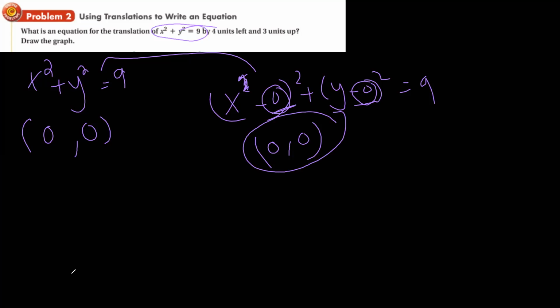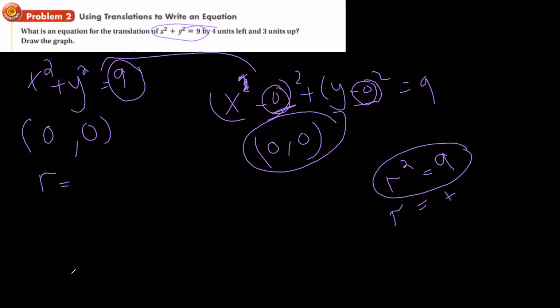So this is now the center of the circle. Now what's the radius? I told you that r squared equals 9. So r could be what? Positive 3 or negative 3.